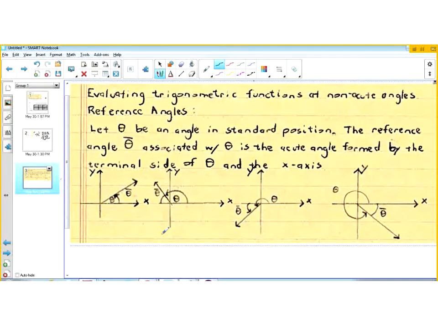So we have this procedure now for finding the value of trigonometric functions at any angle. Okay, so now we're going to be plugging in angular measures into trigonometric functions. So let me pull up a note for that.